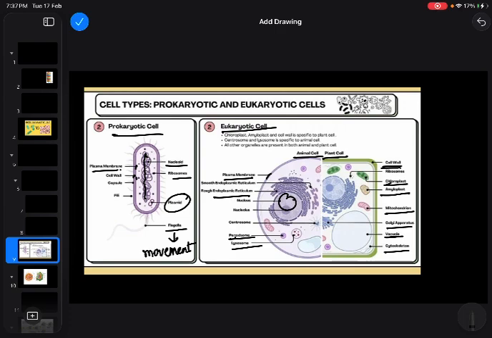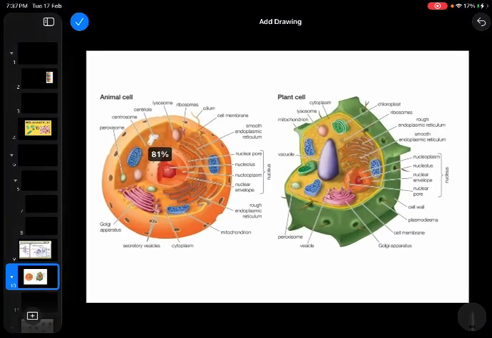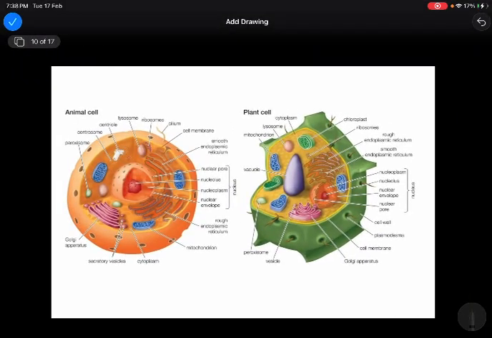Now if we see the differentiation between animal and plant cells, plant cells are eukaryotic cells but have a cell wall, and additionally have plastid, which have chloroplast, amyloplast and others.